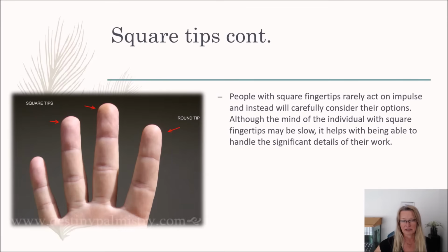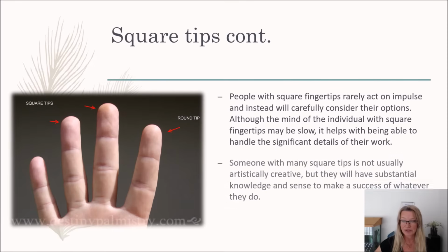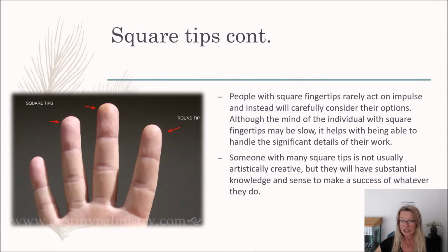He has talent. He's very talented in what he does, in putting up buildings, high-rise buildings. So someone with many square tips is not usually artistically creative, but they have a substantial knowledge and a sense to make a success of whatever they do.